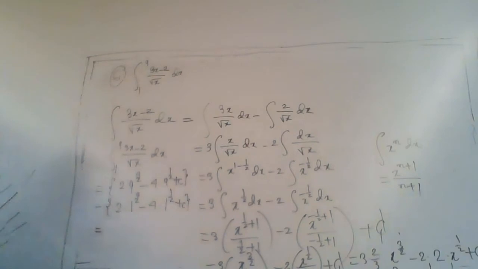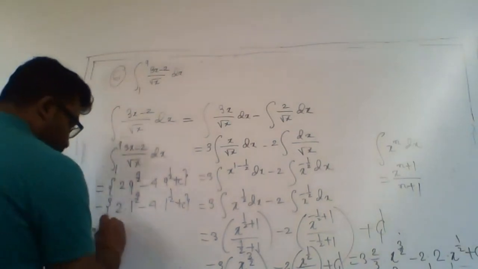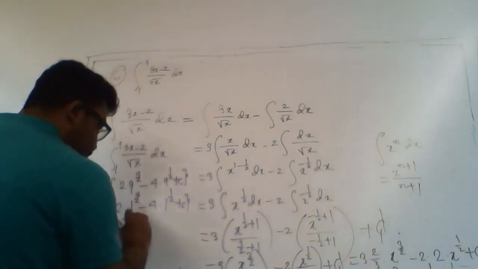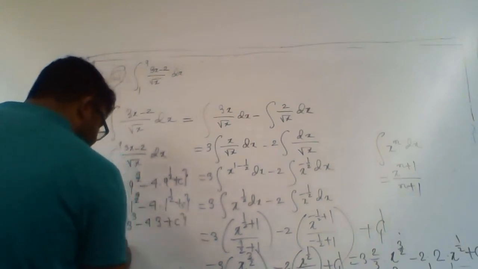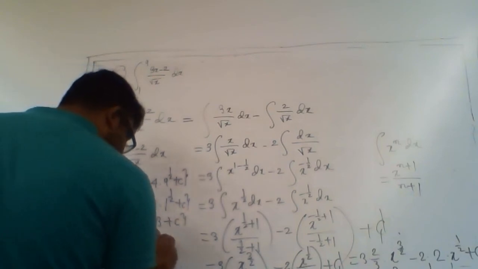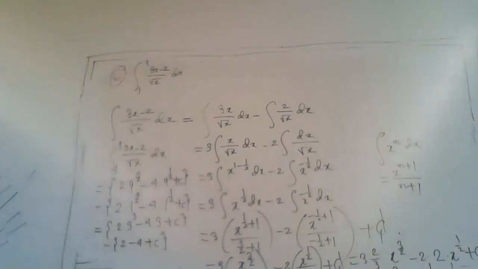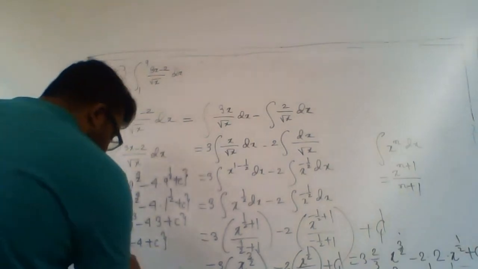So here you get 2 times 3 cubed minus 4 times 3 plus c, minus 2 minus 4 plus c. Now finally you just simplify this using a calculator. 27 minus 12... you get 44 as your answer.